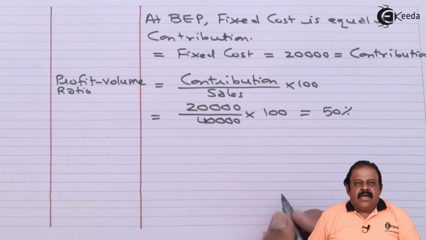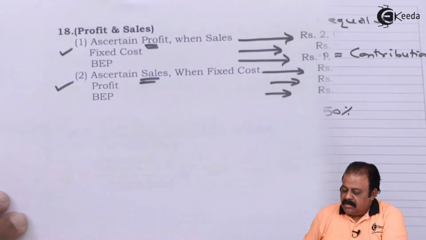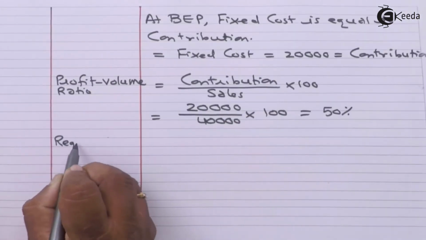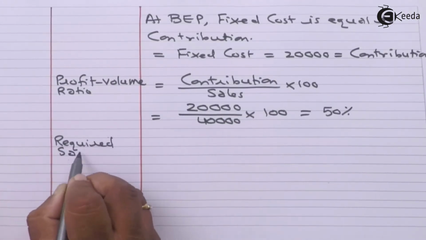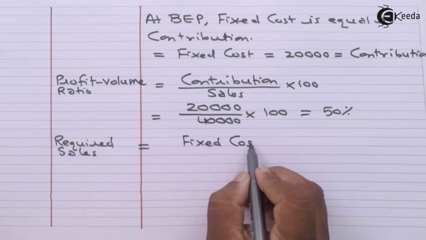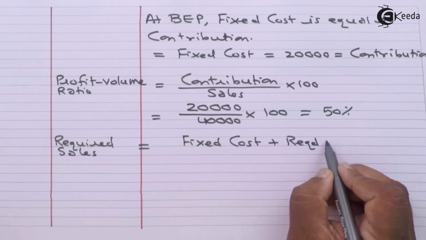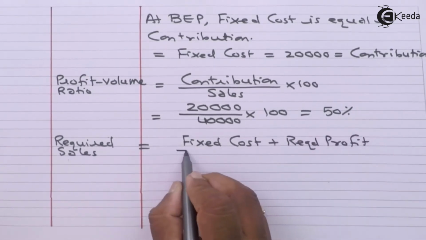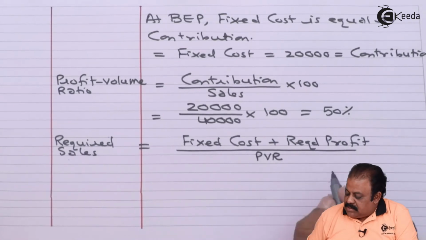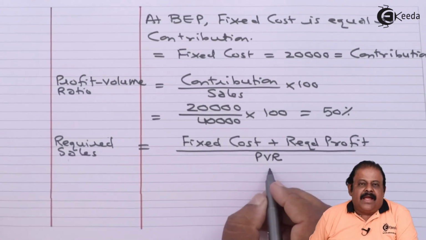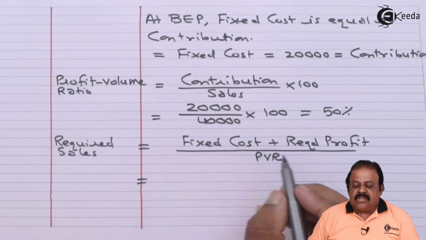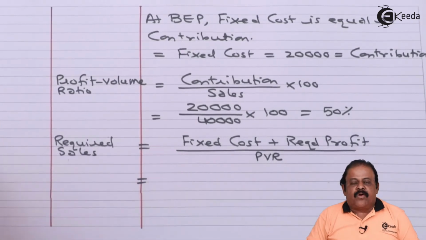We are required to find out here sales when fixed cost is 20,000 and profit is 10,000. Formula is fixed cost plus required profit divided by PVR. Now here we have information of fixed cost and we have information of profit.